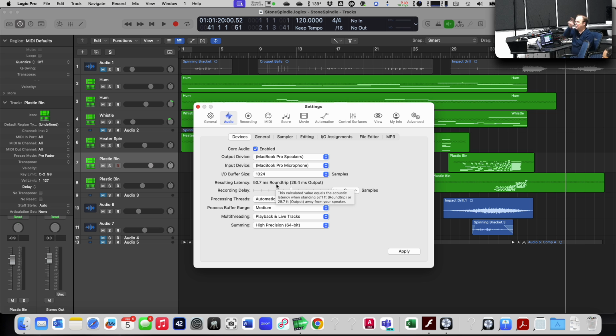That means audio comes in on the microphone, goes through everything, comes back out to the headphones, a 50 millisecond difference in time. And 50 milliseconds is, right? That's about 50 milliseconds. That's noticeable.